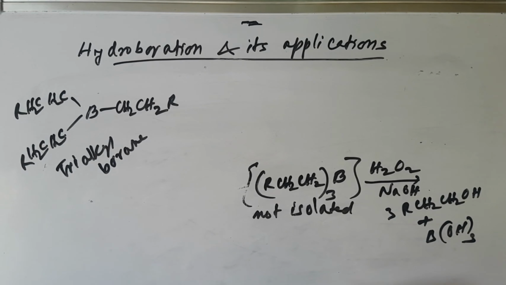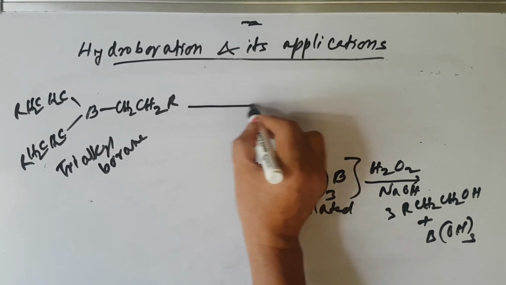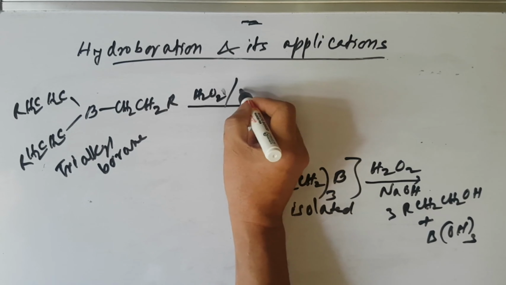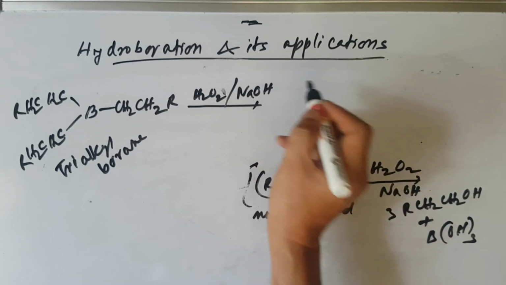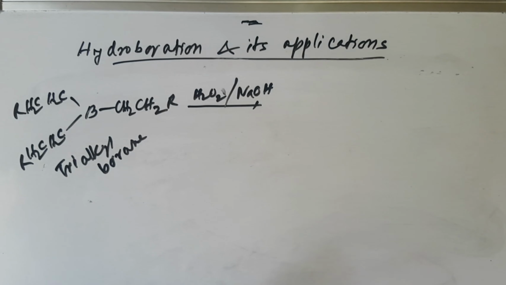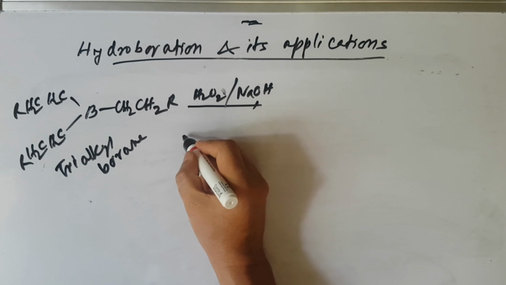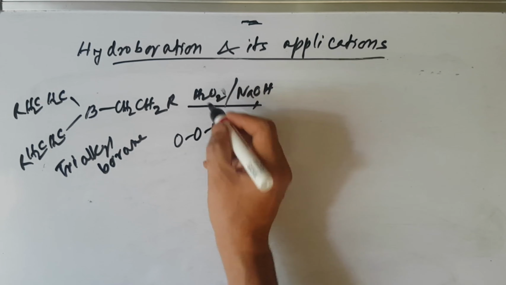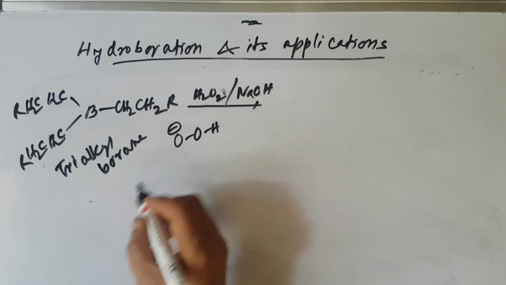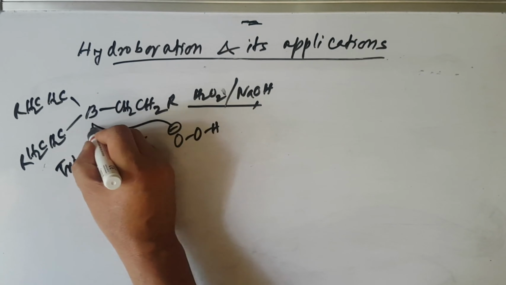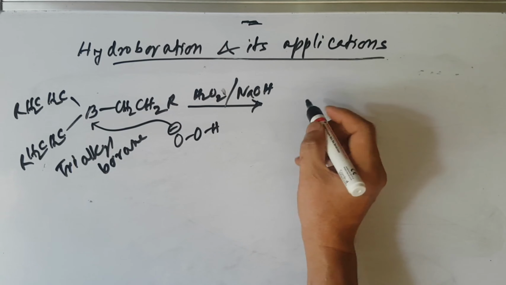So hydrogen peroxide, H2O2, in the presence of sodium hydroxide, forms the hydroperoxide, which will attack like this. Sodium hydroxide deprotonates it, giving water. This attacks here.